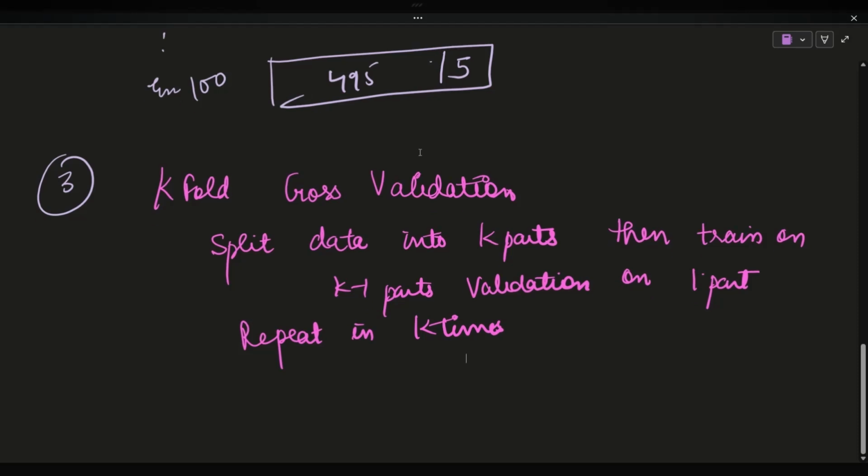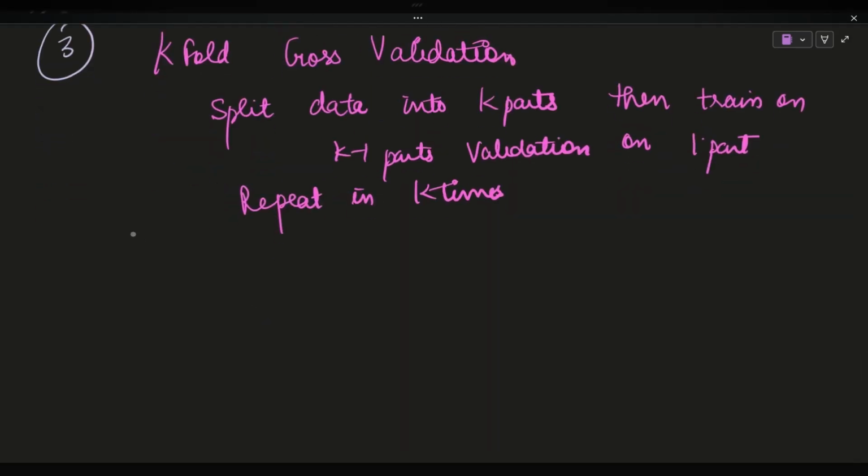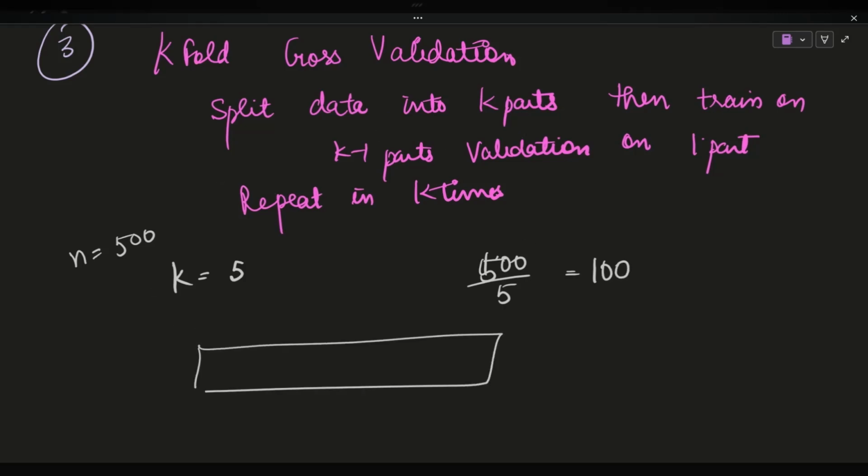For example, now my n value is 500 as my training size, then I decide that the k value is going to be 5. So I have to divide 500 by 5, which is 100. So I have to divide the data into k parts. That means I have to divide my data into 5 parts: 100, 100, 100, 100, 100. Okay.